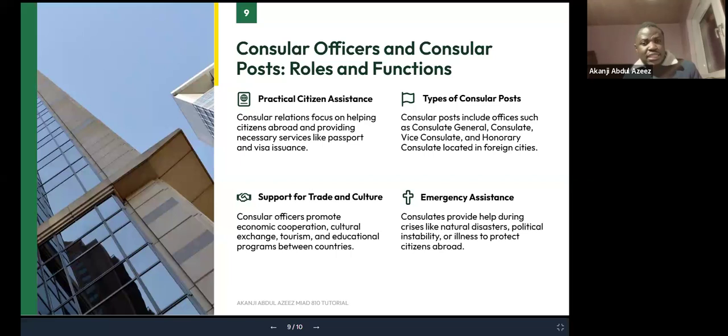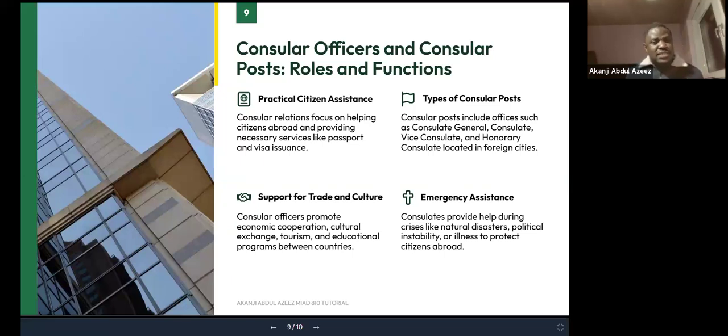They help Nigerian citizens abroad, or their own home country citizens abroad. The consulate assists citizens who face problems in a foreign land, such as loss of passport, arrest, illness, or emergency. They come in to help citizens abroad.